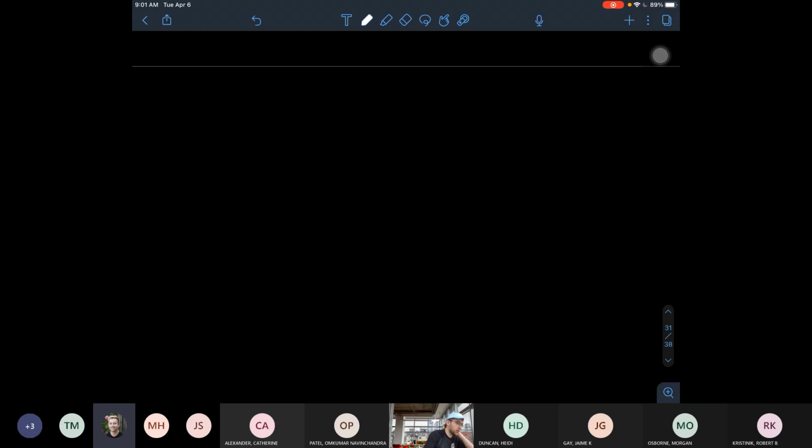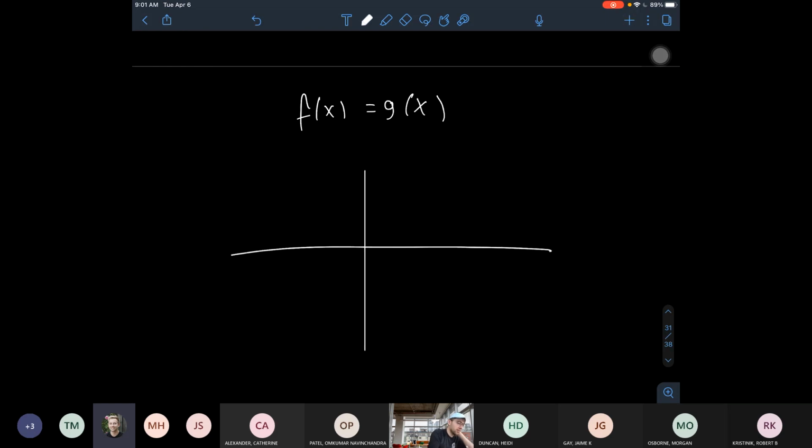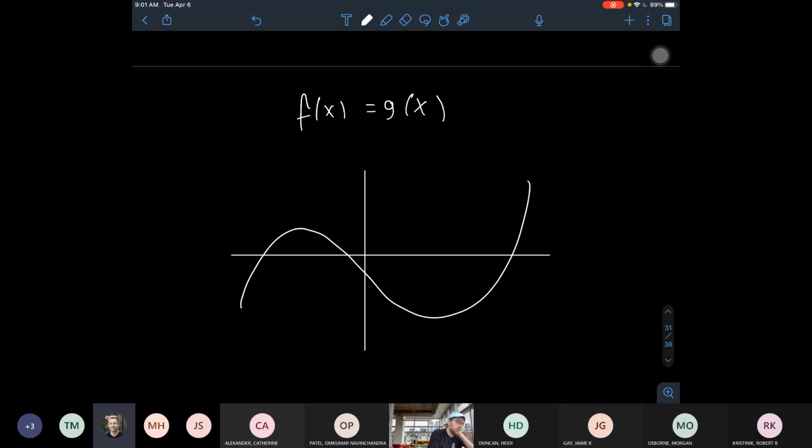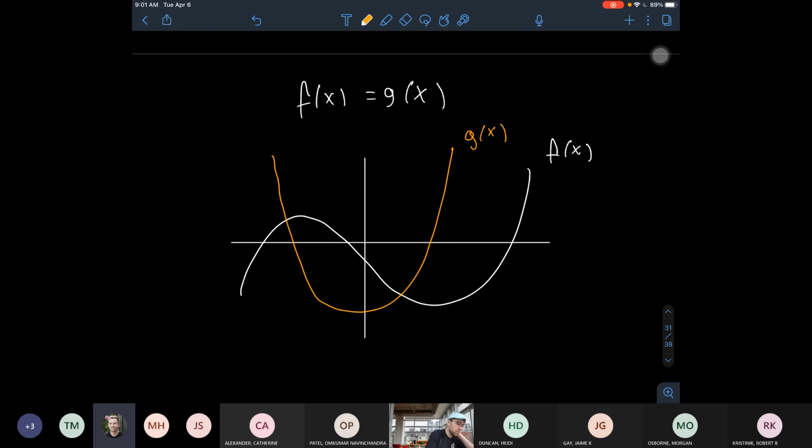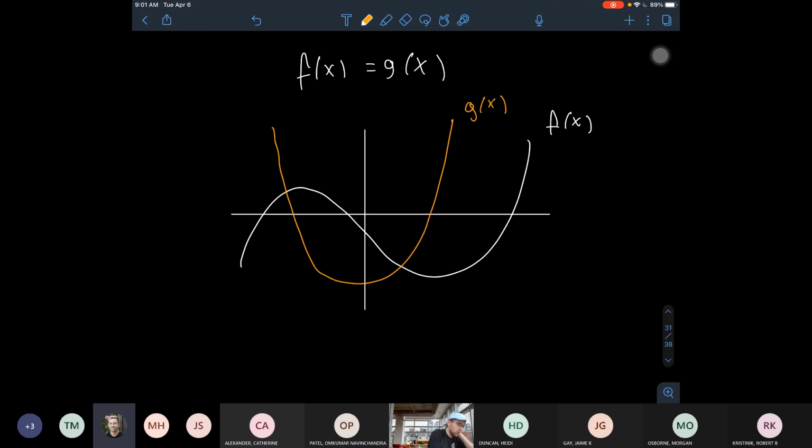Okay, let me ask a follow-up question. If I have f of x equals g of x, and I look at their graphs, and here's f of x, and here's g of x, which x values cause f of x to equal g of x?